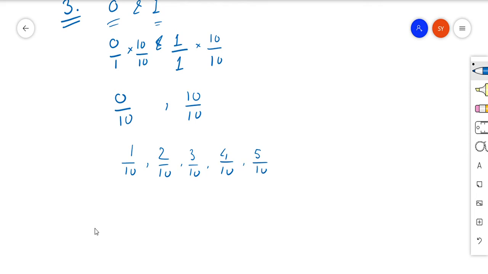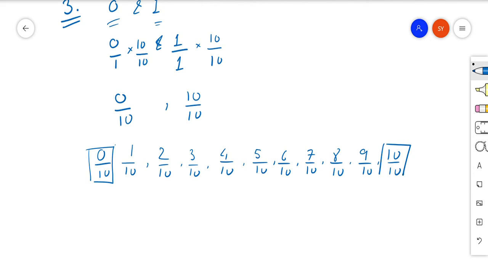We start with 0 by 10, but since we don't need 0 by 10, we need a number between 0 by 10 and 10 by 10: 6 by 10, 7 by 10, 8 by 10, 9 by 10 and 10 by 10. We want 5 numbers between 0 and 1.